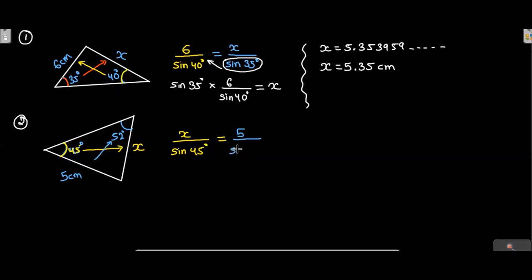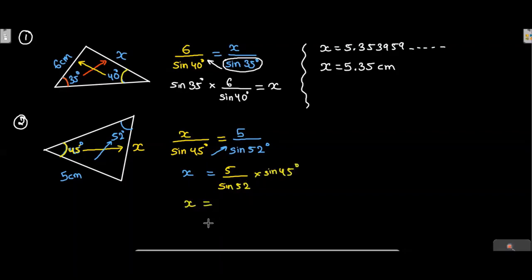Again, x is in the numerator here, and we only need to get rid of sine 45. So x equals 5 divided by sine 52 multiplied by sine of 45 degree.